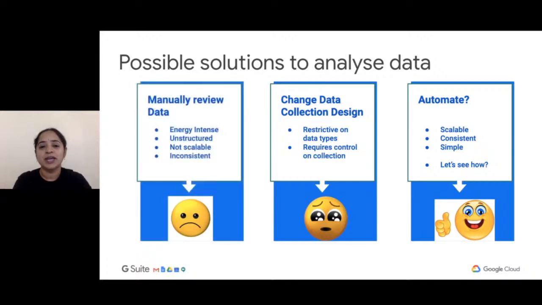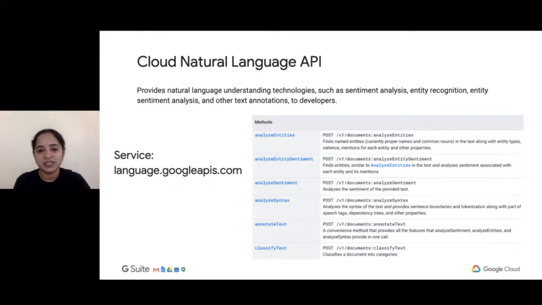When we look at the Cloud Natural Language API, let's first understand what it is. This is one of our services within the Google Cloud ecosystem, which provides natural language understanding technologies, and it helps do sentiment analysis, understanding of entities within the document, or entity analysis, and other areas.